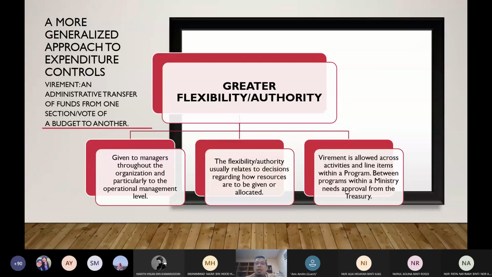So in the case of MBS, it allows this, because managers can also be managers at the ministry level. Operational managers are the head or the director of certain activities.